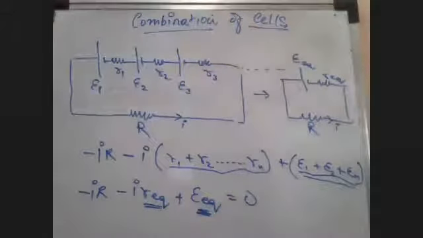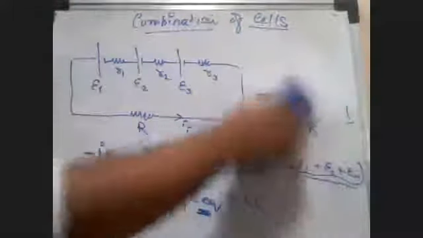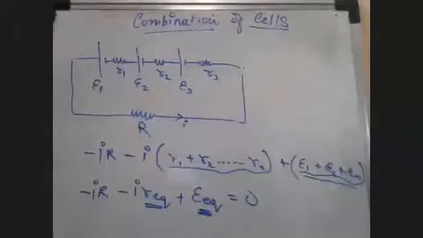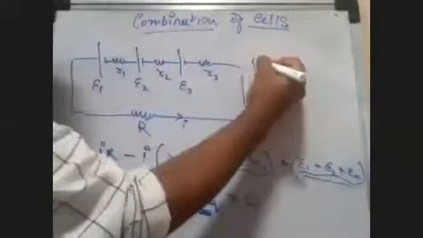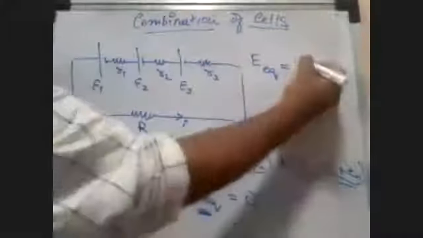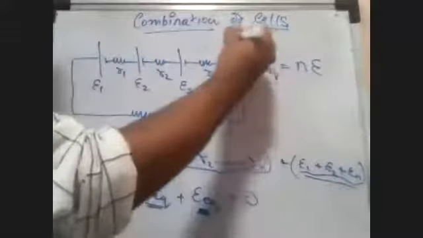So what we come up to is a simple expression in series configuration, that E equivalent, the equivalent potential difference, is simply n times epsilon. Can I say n times epsilon? Okay, this is only for identical cells.